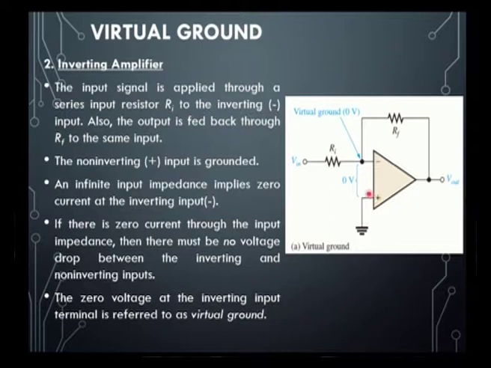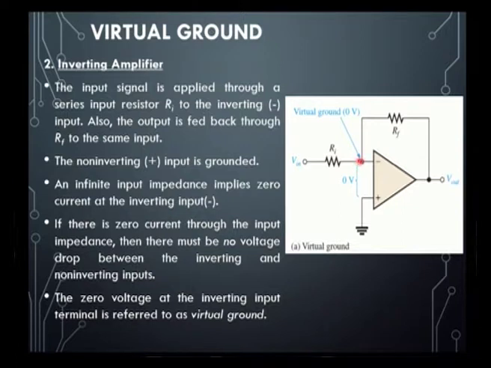Since the non-inverting terminal is grounded, and due to the high input impedance, the difference between the two inputs, non-inverting and inverting, will be 0. This point, which we can call point x, has a voltage of 0. That is why it is called virtual ground.